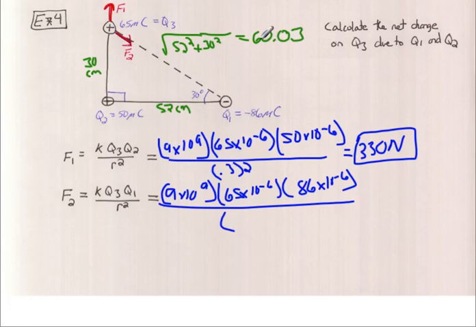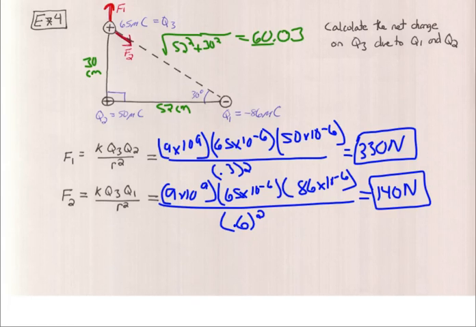Since those other two had two significant figures, we're just going to keep 60 though. So we'll say 60, so 0.6 squared. Okay, so we throw that in and we get about 140 newtons. So we've got the magnitude of our two forces.